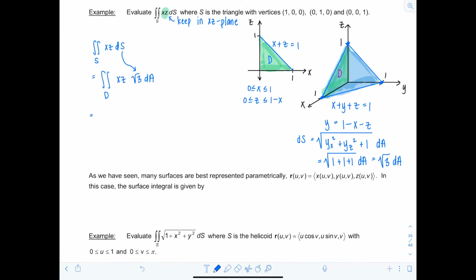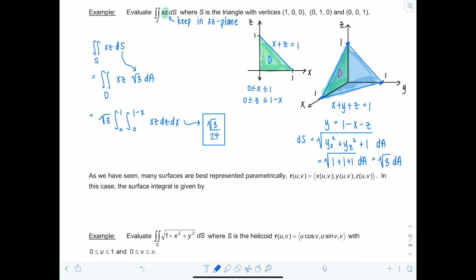Let's take that rad 3 outside the integral, and then my limits of integration are going to be 0 to 1 for x, 0 to 1 minus x for z, and then I have xz dz dx. And then from here, it's just a really straightforward double integral, and you should end up with rad 3 over 24.